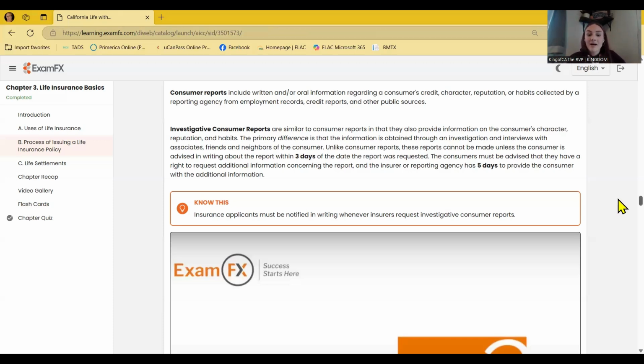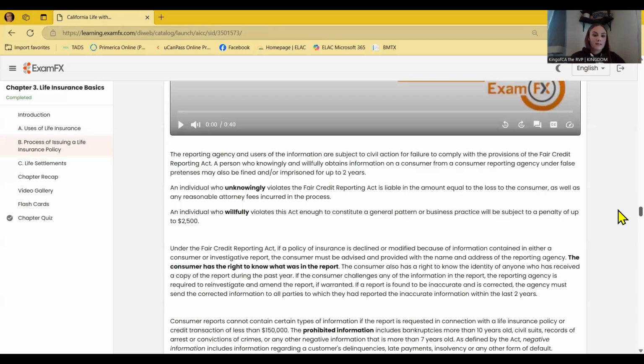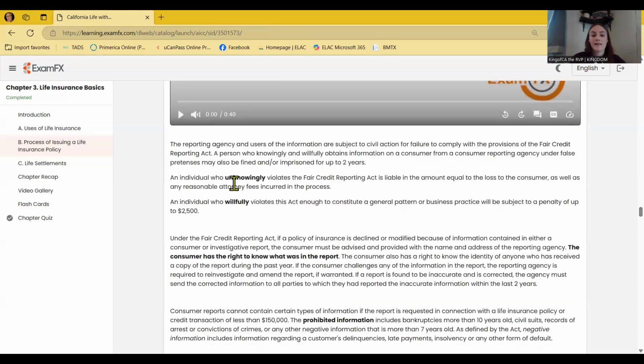Now, not anybody can just run these investigative reports either. The reporting agency and users of this information are subject to civil action for failure to comply with the provisions of the Fair Credit Reporting Act.